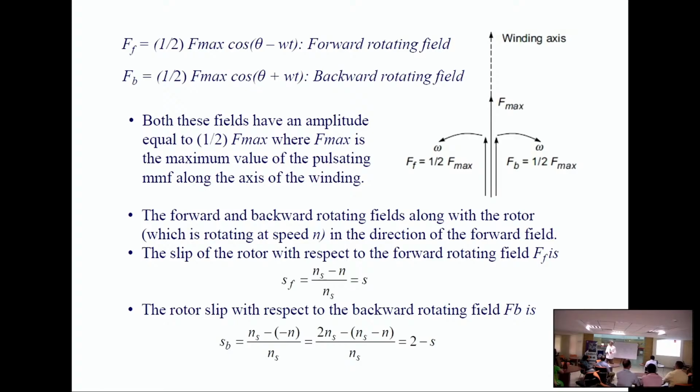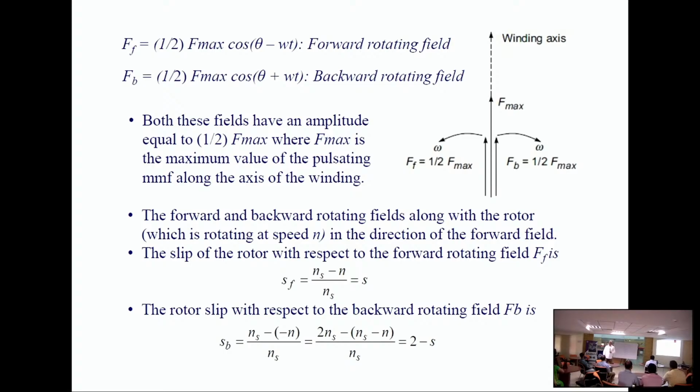So the forward slip is (Ns minus N) by Ns, equal to s, and with respect to the backward field the slip is 2 minus s. So the two slips are s and 2 minus s.